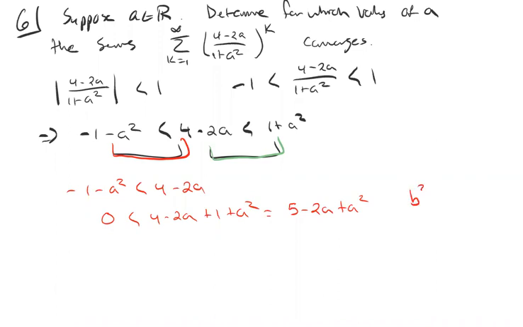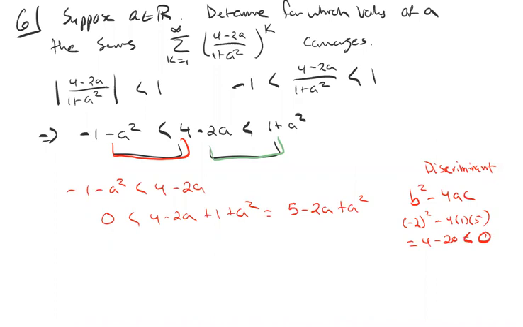If you'll recall, the discriminant of the quadratic formula, b squared minus 4ac: b is -2, squared, minus 4 times 1 times 5. That's 4 minus 20, and that is less than 0.